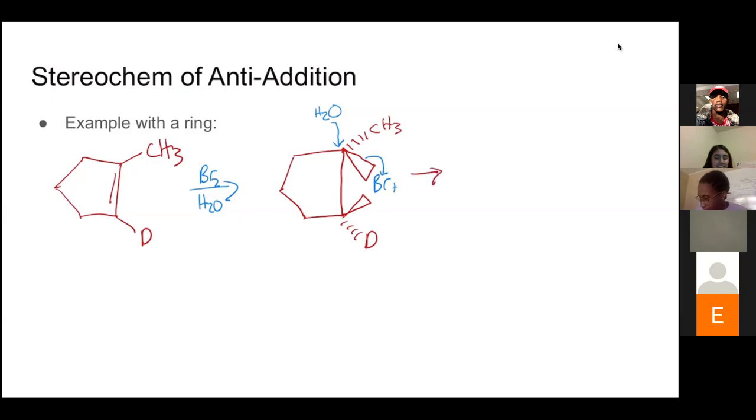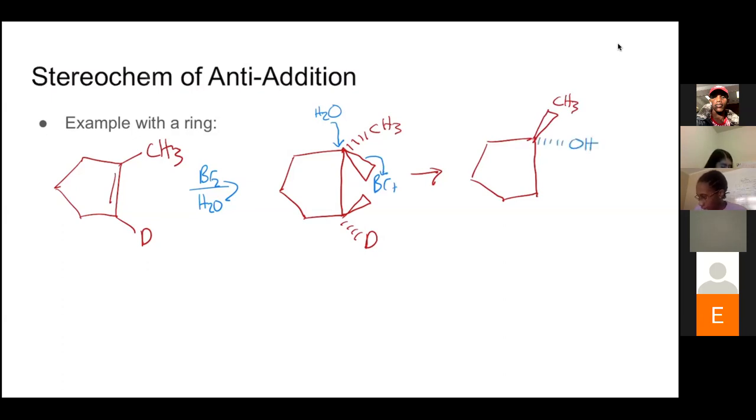And then something interesting occurs when I draw the product. Our CH3 from before is now going to be on a wedge. I'll draw the alcohol.